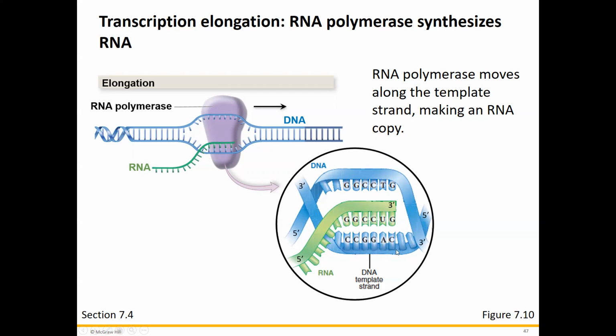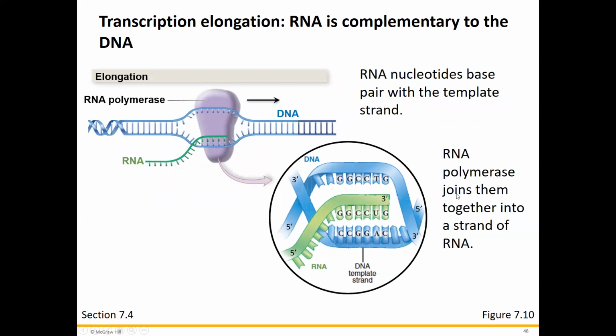This is the template strand. This is the messenger RNA. And it should run in the exact same direction as the original DNA strand, which is running 3 to 5. Your messenger RNA will run in the same direction. So the RNA nucleotides pair with the template strand.